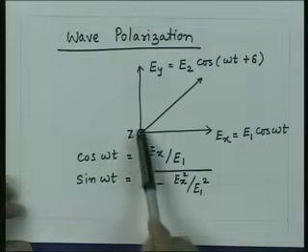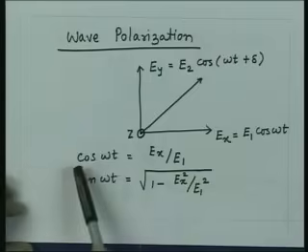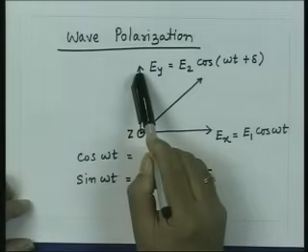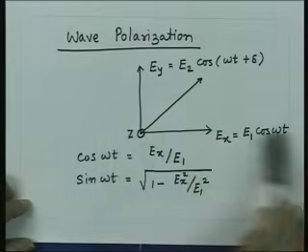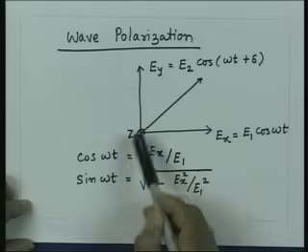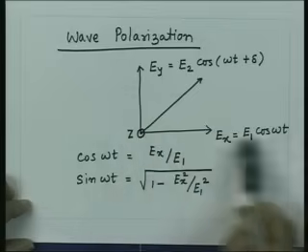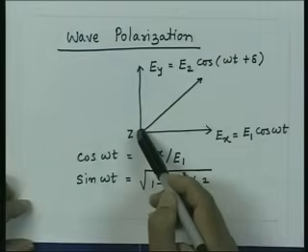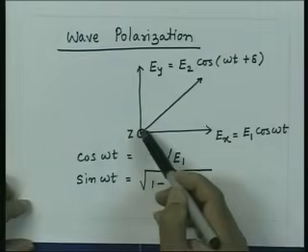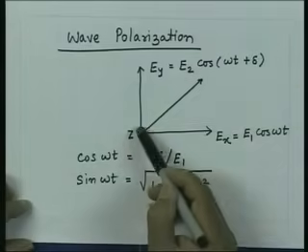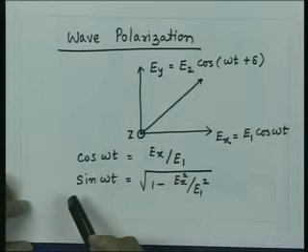At t equal to 0, both will be maximum. So, this amplitude will be E1, this amplitude will be E2, and then as time progresses both these vectors will start reducing. After a quarter cycle this amplitude will become 0, this amplitude will become 0. So, both the fields will go to 0, and then they will reverse sign. The resultant vector will go here, and so on.